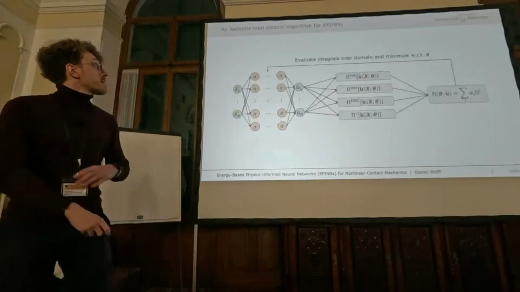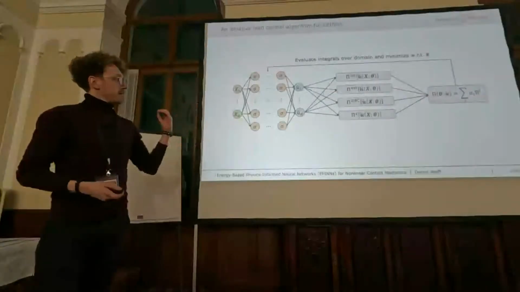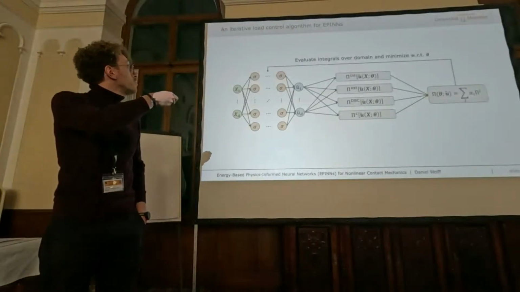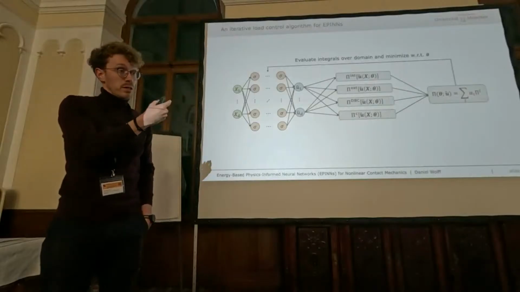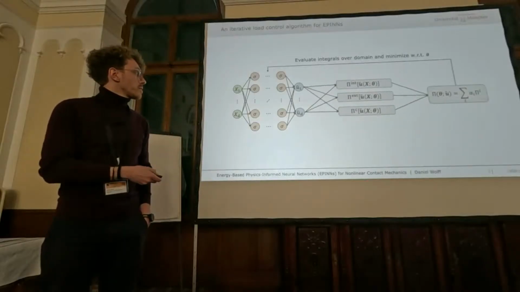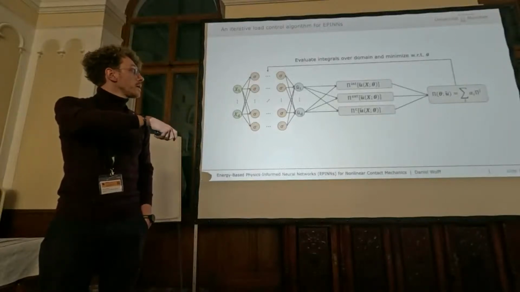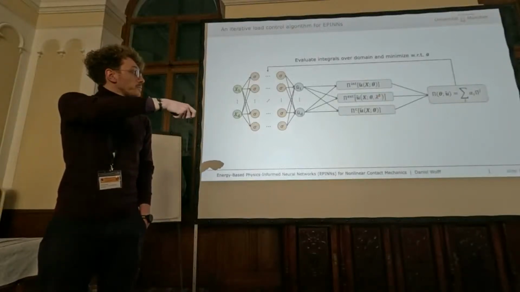And now let's have a look at how we can modify this idea of energy PINNs to control the load and to be able to vary the load. The first thing that I will do, just for simplicity, is drop this Dirichlet term. And now what I introduce is a load parameter.